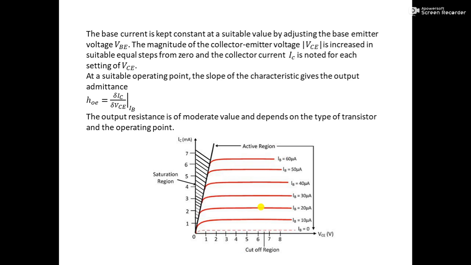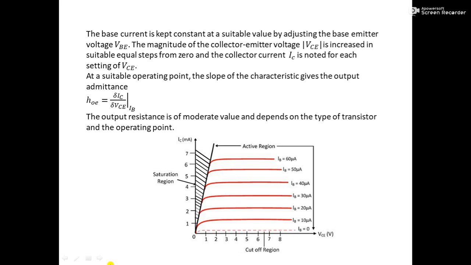When the emitter base junction is forward biased, a small reverse bias voltage across the collector base junction is sufficient to draw all the majority carriers from the emitter, which diffuse into the base.